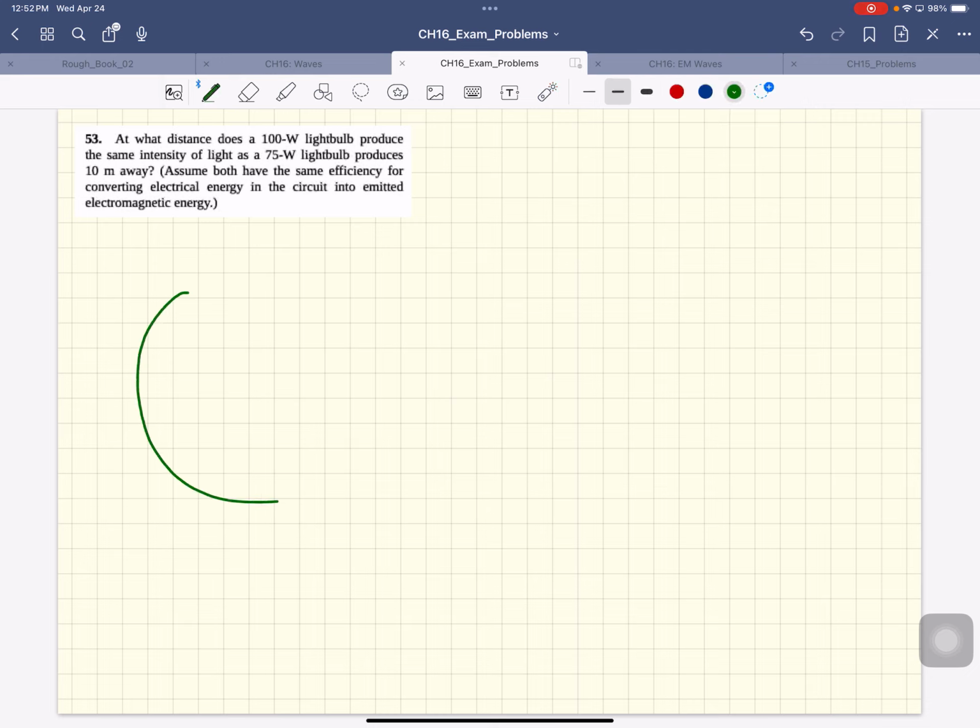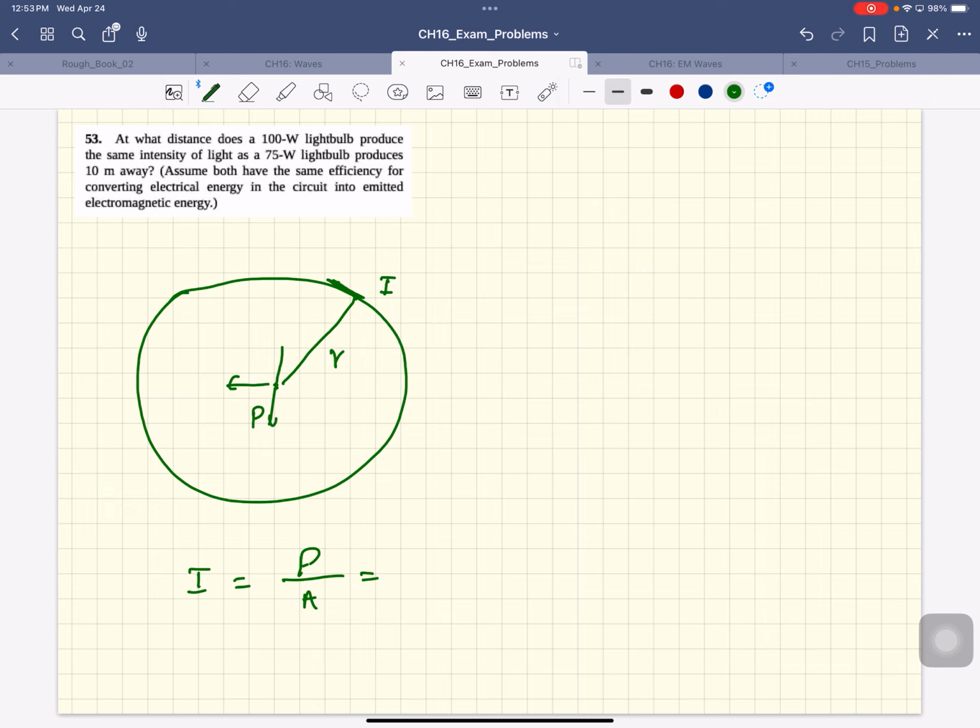The brightness is the intensity at that distance. The intensity is given by power divided by area. We are assuming a light source that's emitting uniformly in all directions, and the area is the surface area of a sphere, which is 4 pi r squared.